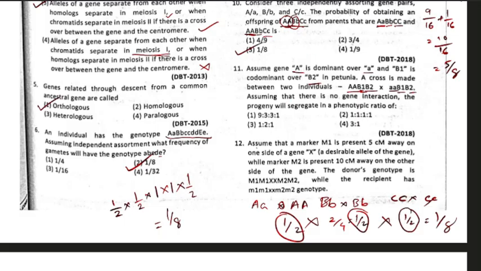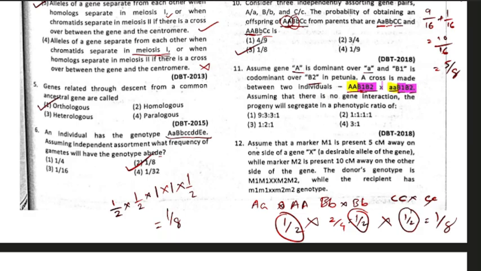So you can see that capital A and small a are homozygous. From this cross, we can get all capital A small a progeny. And B1, B2 and B1, B2 are heterozygous.